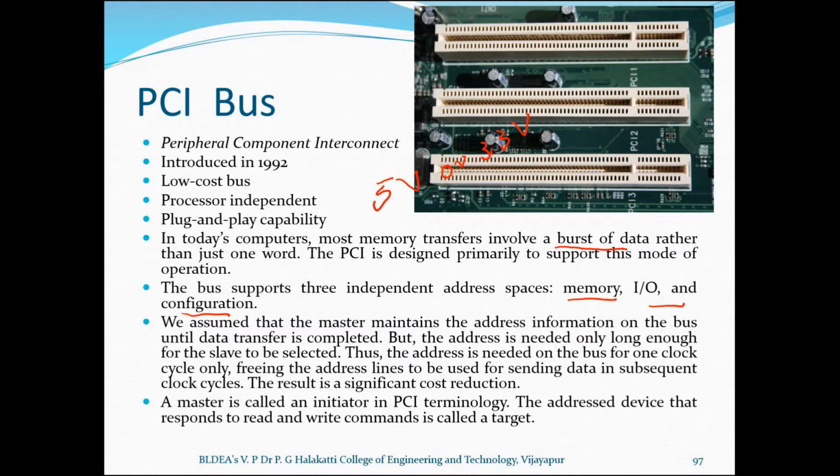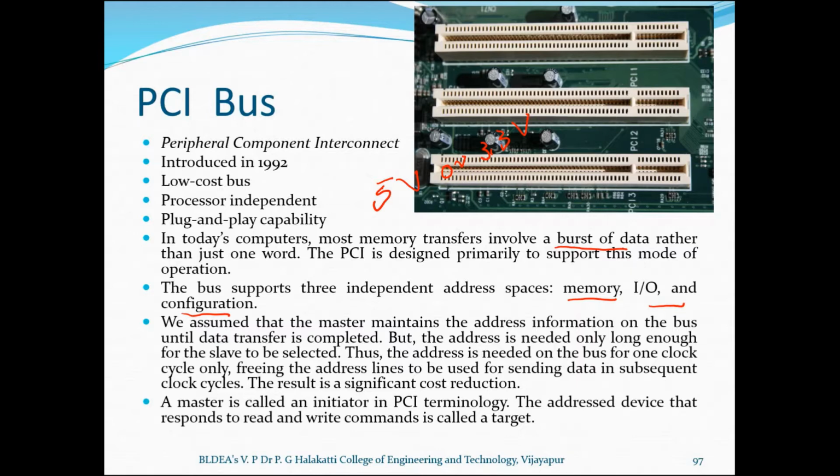Now, the result is a significant cost reduction as we don't need bigger memory storage. A master is called an initiator in PCI terminology. The addressed device that responds to read and write commands is called a target.